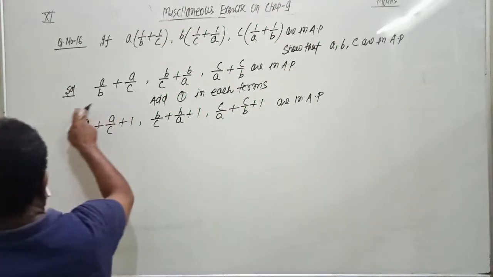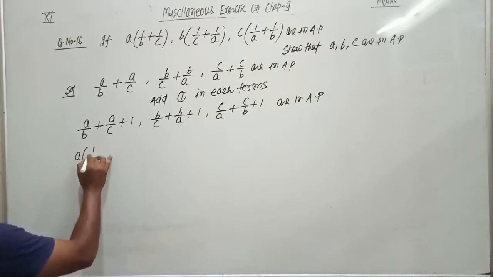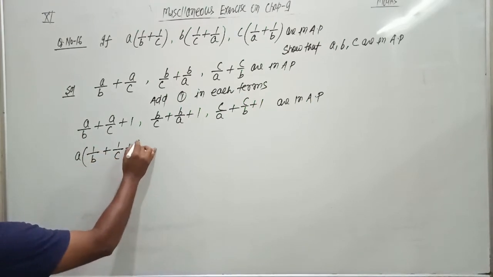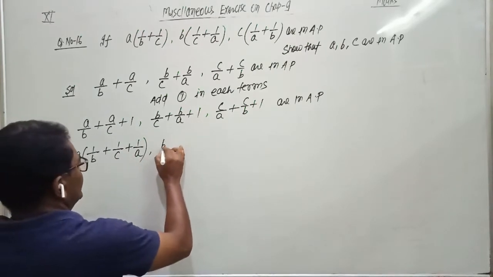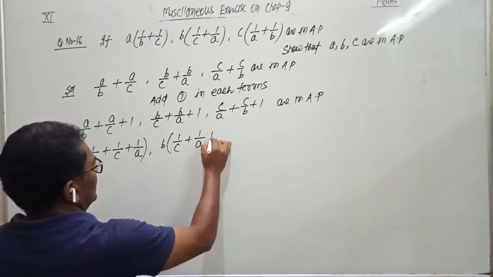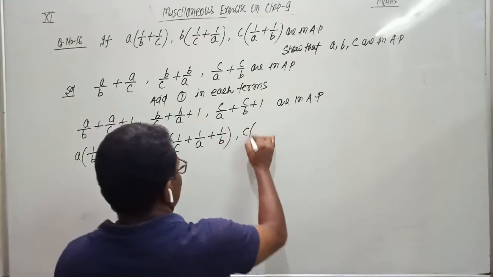Now from the first term, take a as common. So we get a into (1 by b plus 1 by c plus 1 by a). From here we take b as common. So b into (1 by c plus 1 by a plus 1 by b). Then c is taken common.